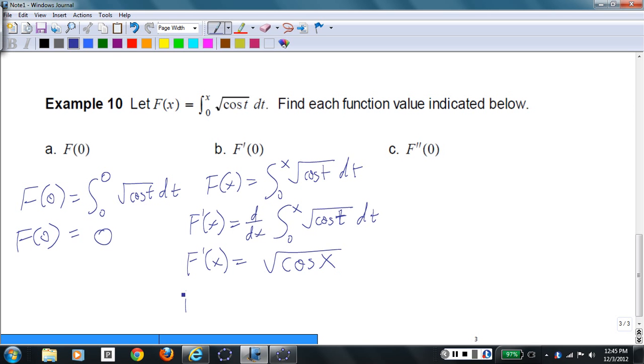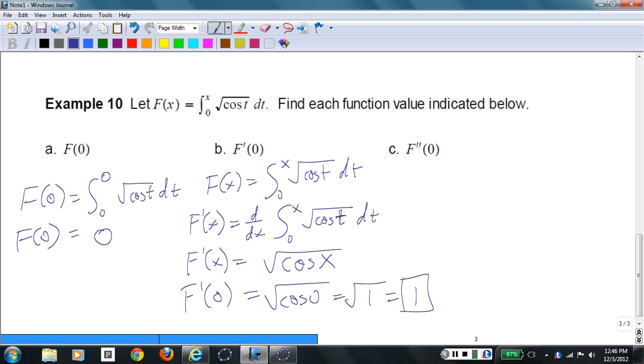So big F prime of 0 is going to be the square root of the cosine of 0, which is the square root of 1, which is 1. So it does require us to use the fundamental theorem of calculus, part 2, to come up with an expression with an x in it, the derivative. And having done that, we can evaluate the derivative at 0. And we get 1 in this case.